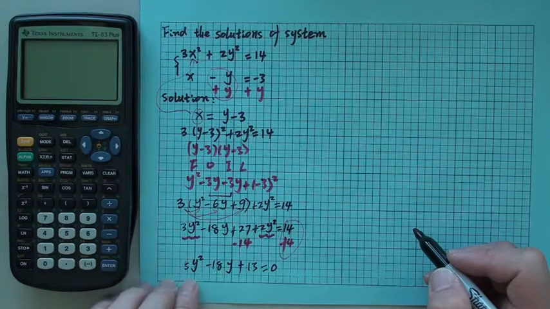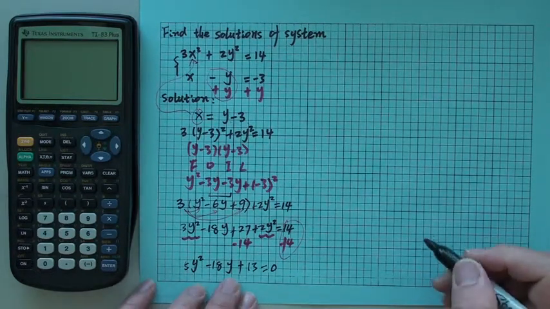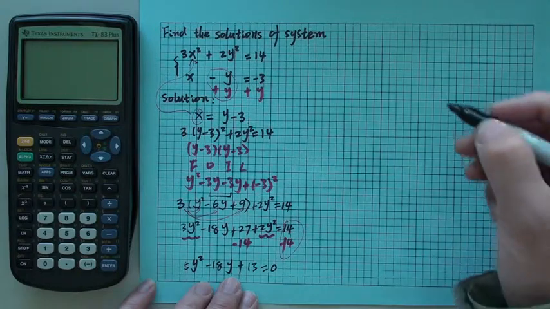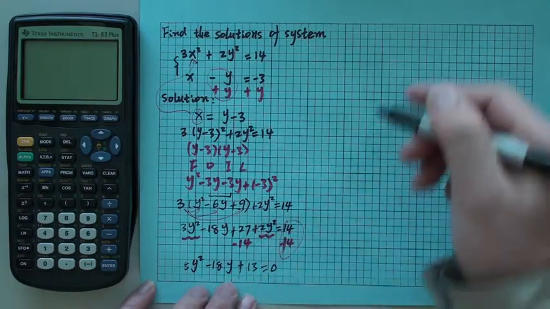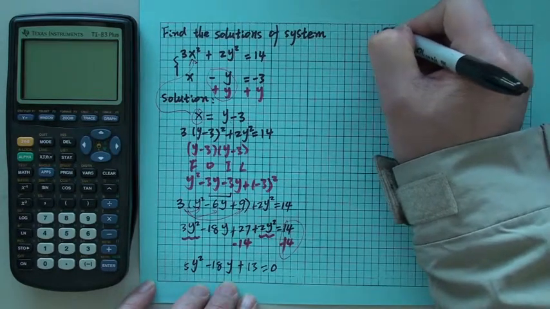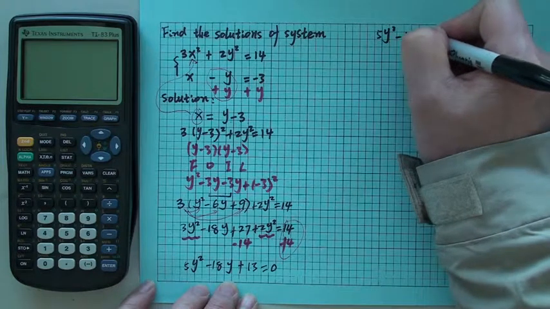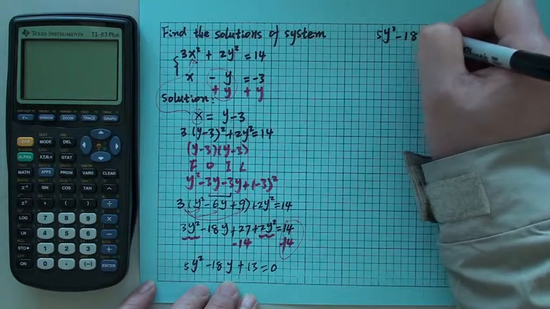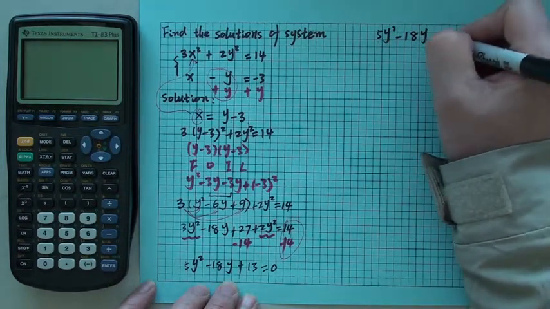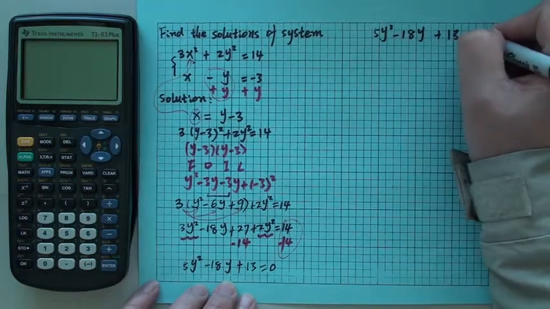So we have to factor this one, and it needs some technique. Let me rewrite the equation up to here: 5y squared minus 18y plus 13 equals 0.